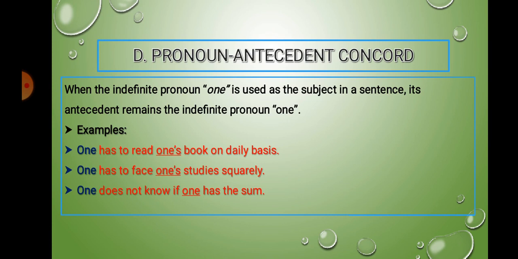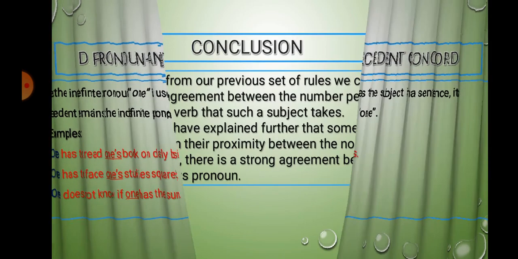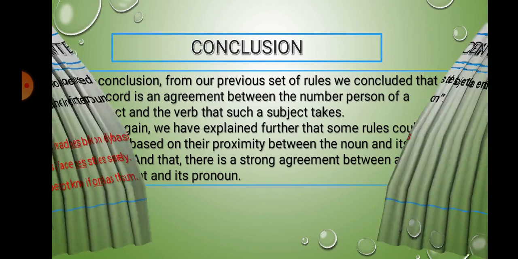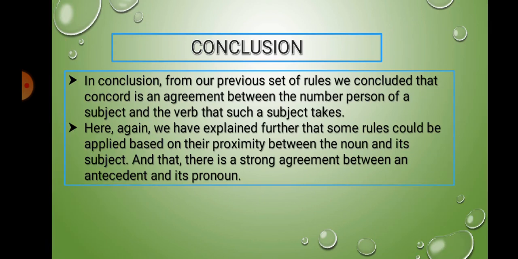Okay. In conclusion, from our previous set of rules, we concluded that concord is an agreement between the number and person of a subject and the verb that such a subject takes.